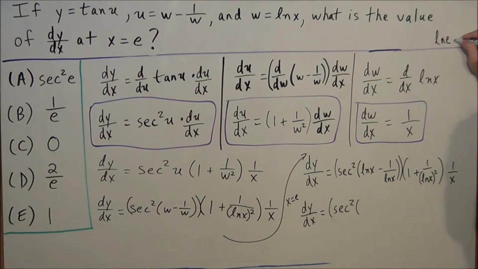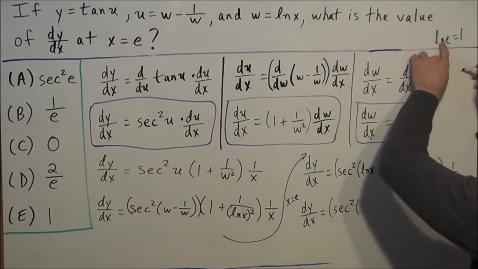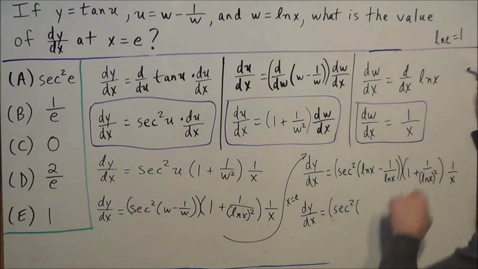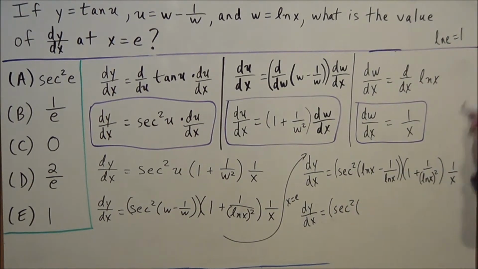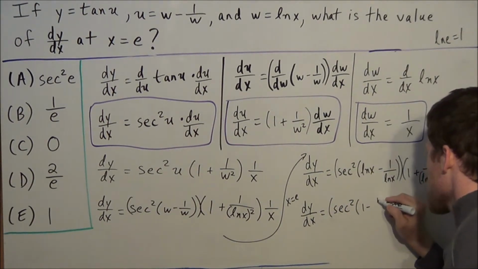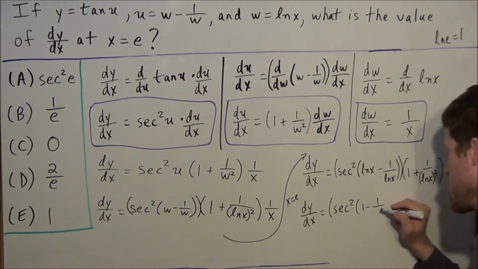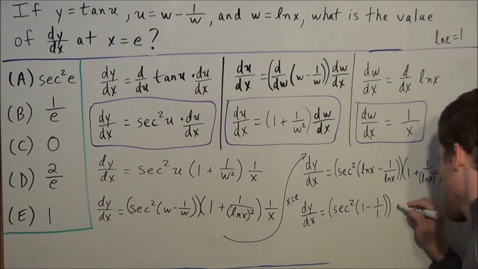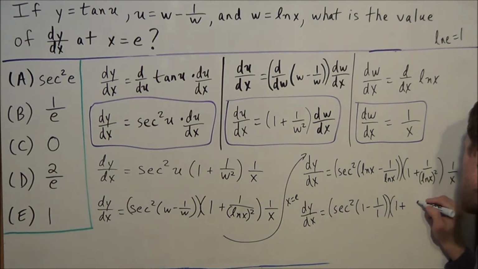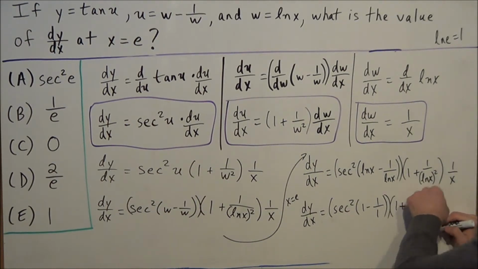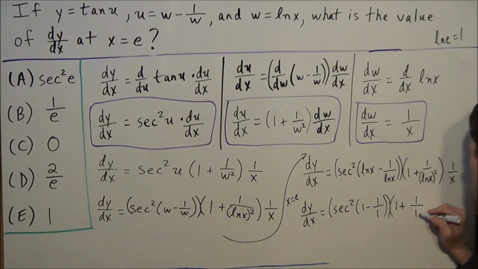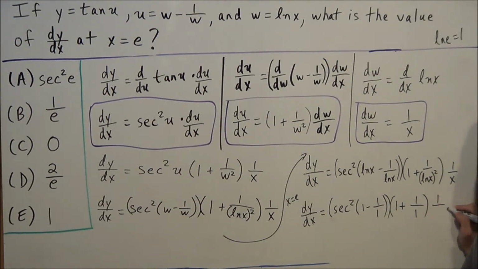Just remember, this is one of those identities: e to the first power equals e. So we have the natural log of e is equal to 1, minus 1 over the natural log of e is still equal to 1. And now we have 1 plus 1 over the natural log of e, which is 1, and 1 squared is 1. And then we have 1 over x, where x is equal to e.